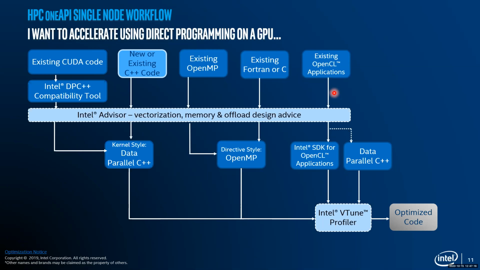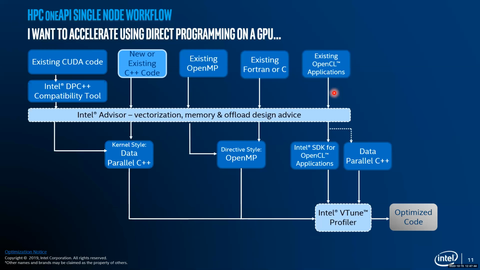The compatibility tool automates most of the migration, but there is still manual work involved when you're creating the kernel style data parallel C++. Accelerated code can be written in either a kernel or a directive-based style. Existing CUDA code, as mentioned, we can migrate using the compatibility tool.